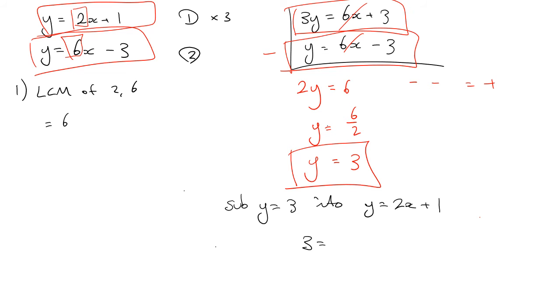So 3 is equal to 2x plus 1. 2x is equal to 3 minus 1, which is 2, and x equals 1. Hence, our solution to our simultaneous equation is x equals 1 and y equals 3.